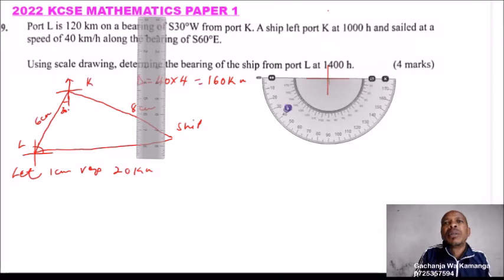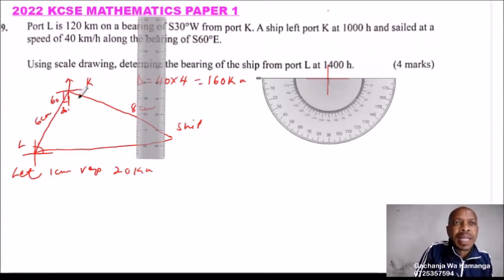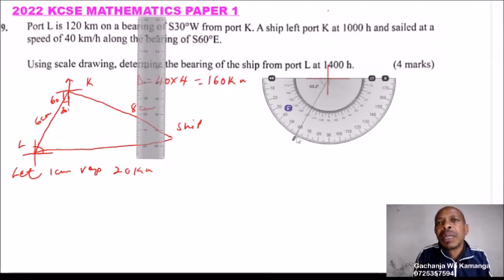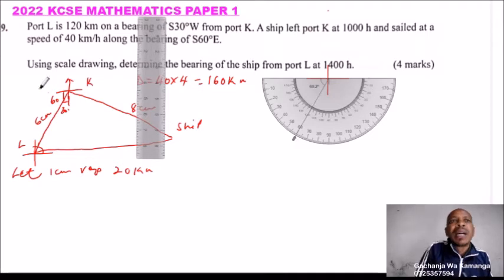I hope there it is okay. Okay, so we use there. So if this angle here is 30, it means this angle here is 60. So we can measure an angle of 60. From there, we use that. So we come and say around 60, you get our angle there.